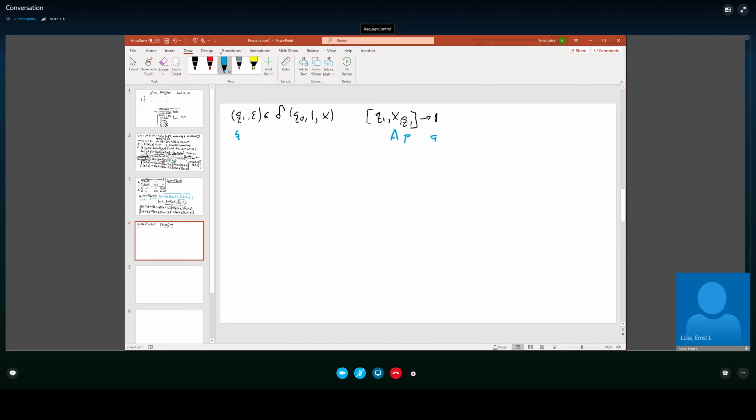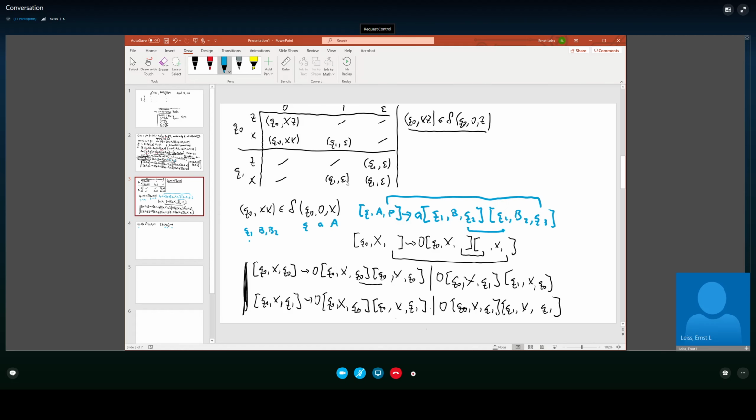So we get this production from that, and you can easily see by applying the same rule, you're going to get the same thing from these three. So you get altogether 1, 2, 3 more productions.